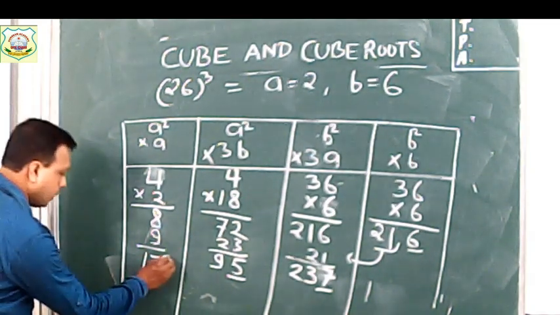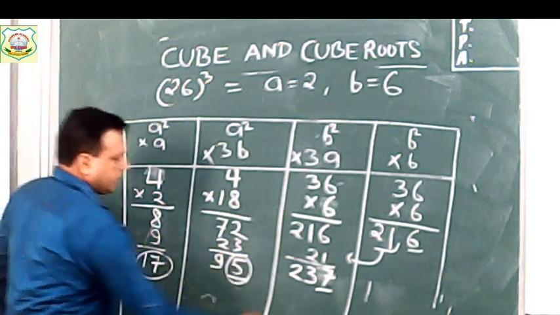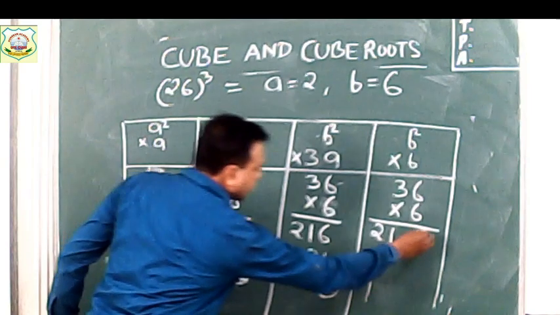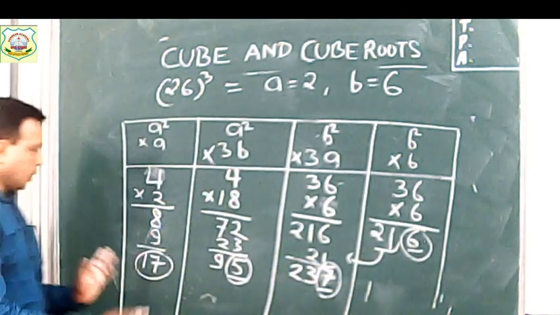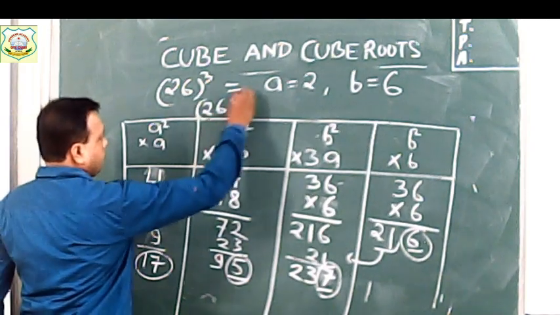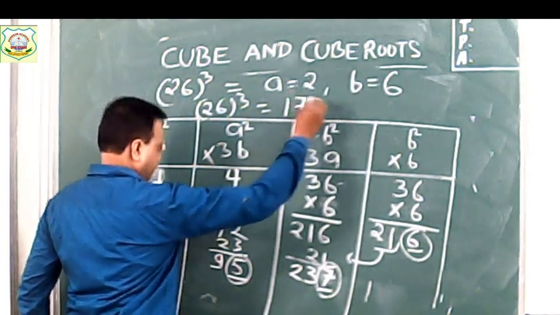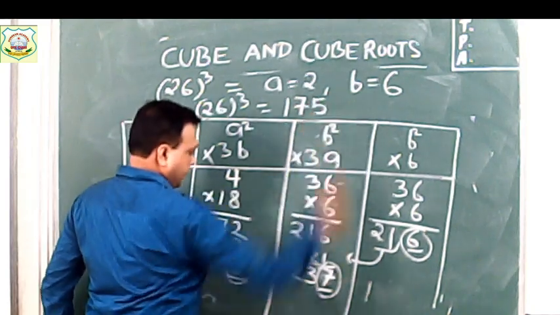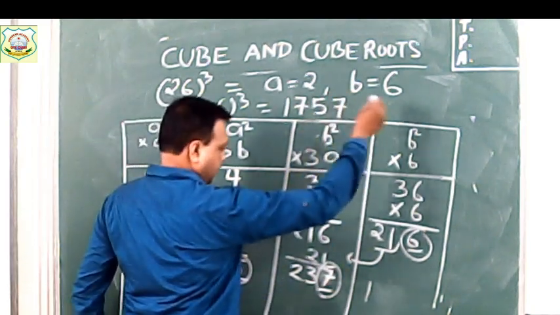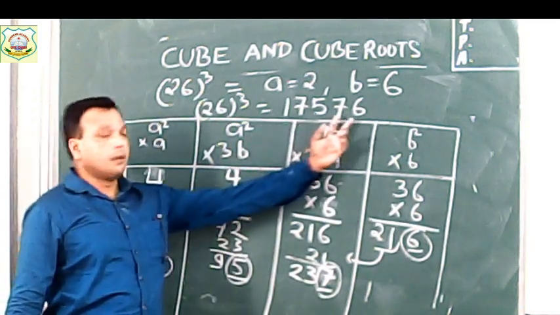17 is the whole. 5, 7 and 6. This value will assemble: 26 power cube equals 17,576.